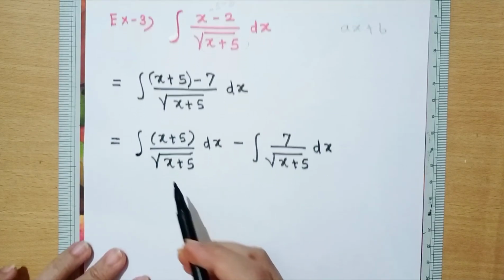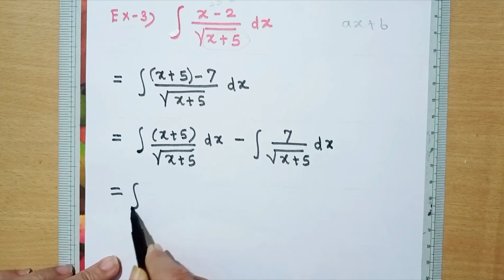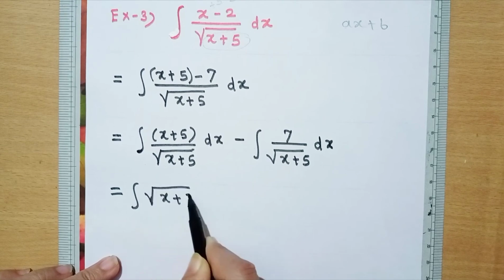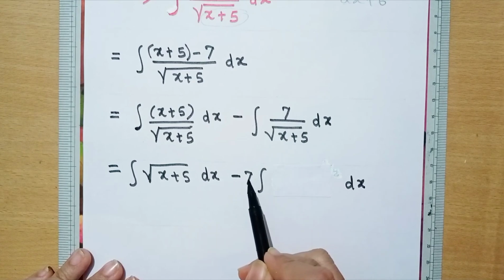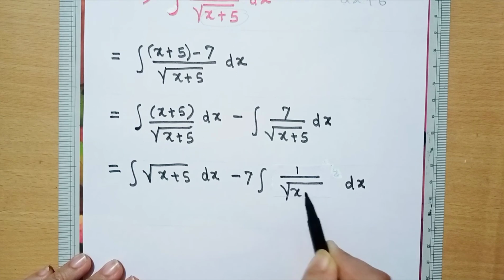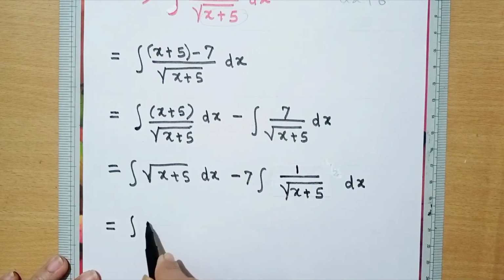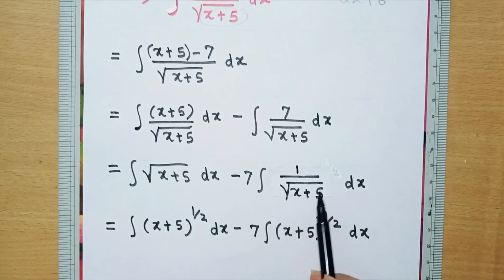Again in the next step, now check here, this is root, the same term upstairs, so here only root x plus 5 remains, and here 7 is a constant, so we have taken it outside, and what is remaining is 1 upon x plus 5. And since this is a root symbol, we will write x plus 5 raised to half, and since this term is in the denominator, we have written x plus 5 raised to minus half.